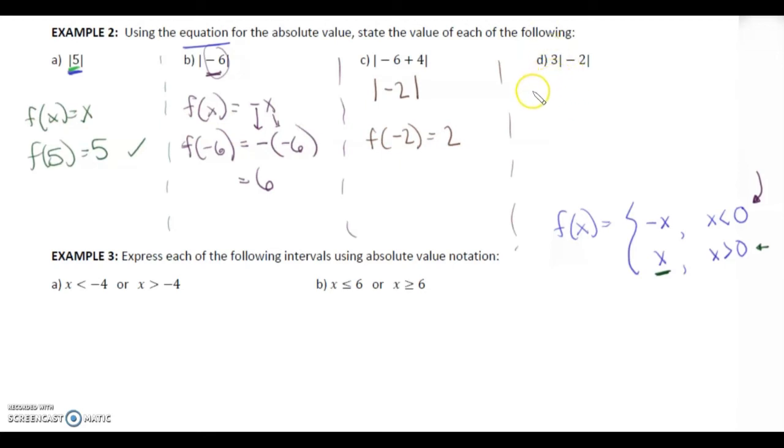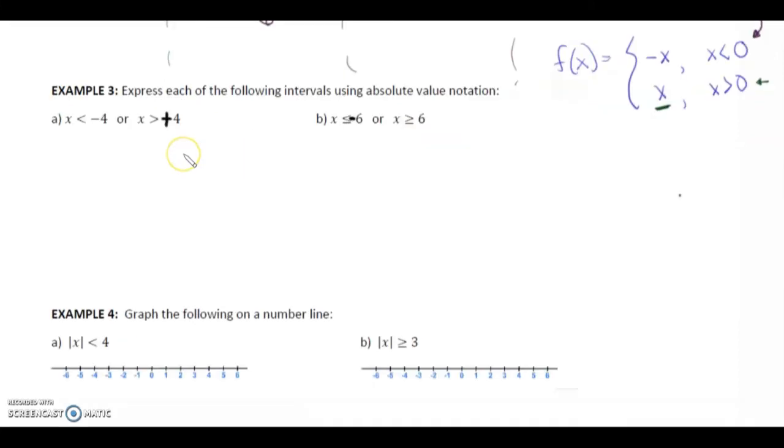And then the last one, just read the BEDMAS. We're going to have 3 times the absolute value of negative 2. So f at negative 2. Well, that's going to be 3 times 2, right? So the absolute value of negative 2 is the positive, which will give us 6.